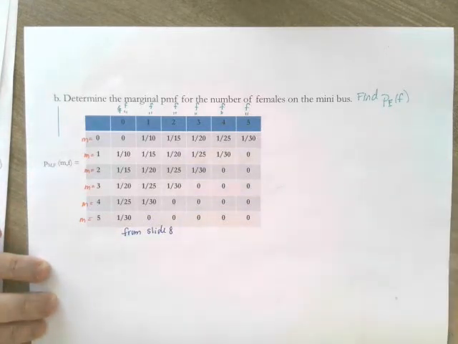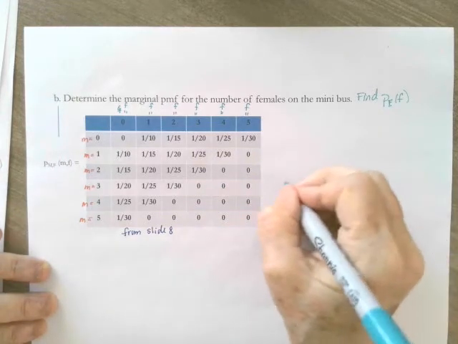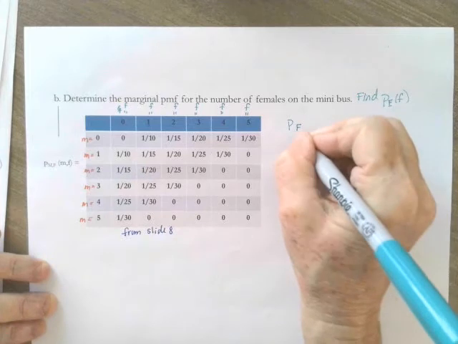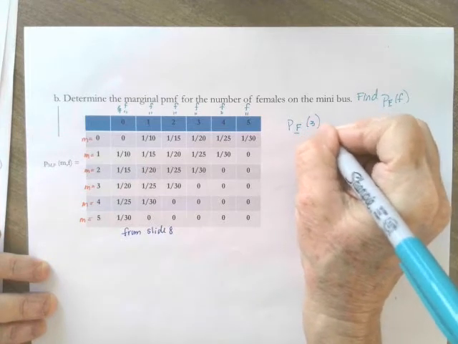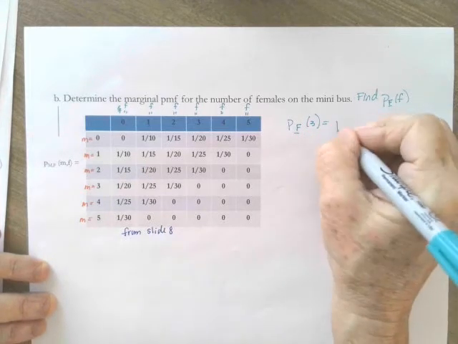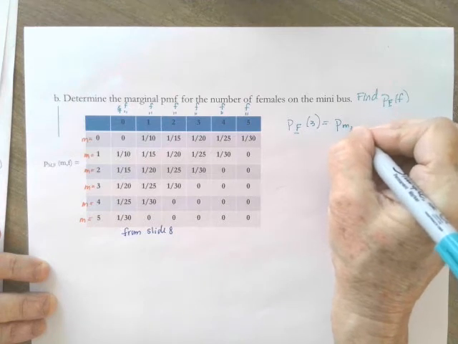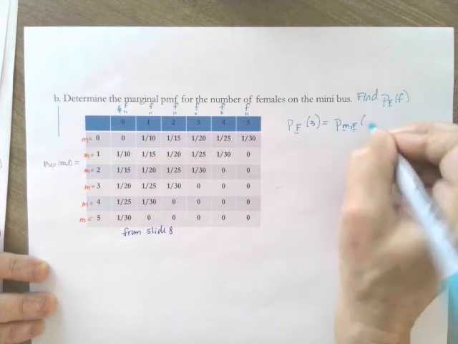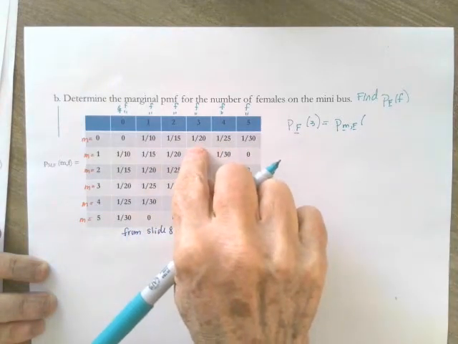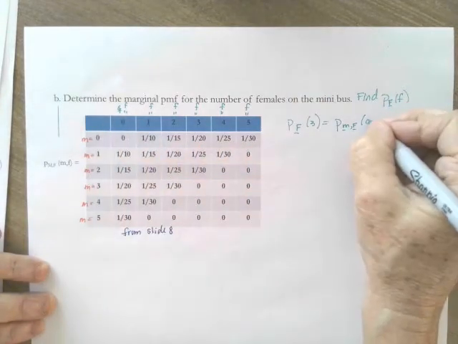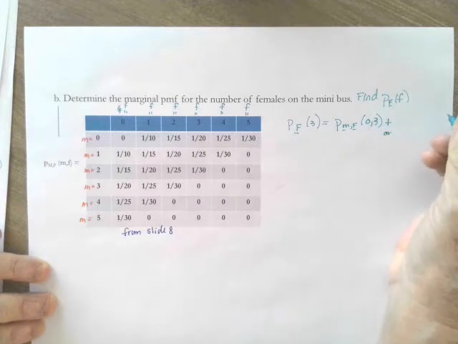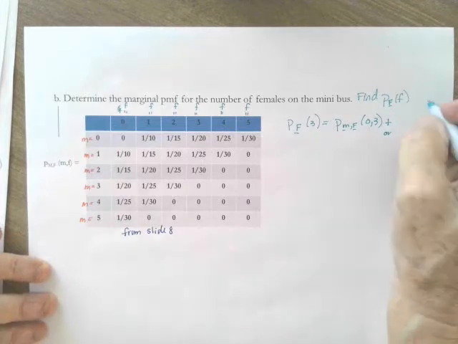If I wanted to determine P_F of 3, I can get that by seeing all the ways that F can be 3. So that would be, we can have F is 3 when M is 0, or, remember plus is for when we're adding probabilities, or but or is when we add probabilities.